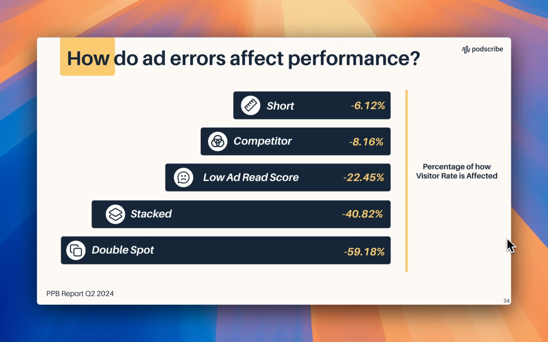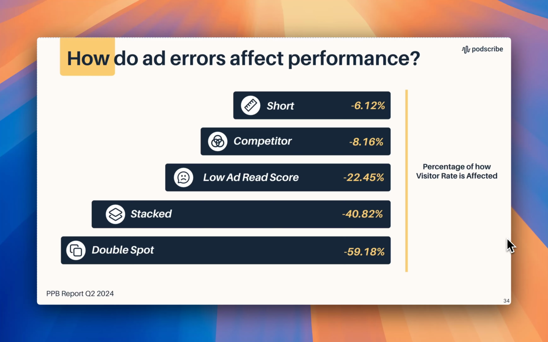Yeah. And it's really interesting. I know that a lot of brands care about, I don't want my competitors in here. I don't want anybody that is even remotely similar to a competitor. Obviously, that's important. There might be certain brand standards there. But when you're looking at the percentage of performance decrease across, okay, there's a competitor in there, or it's a double spot, that's 60% compared to 8%.